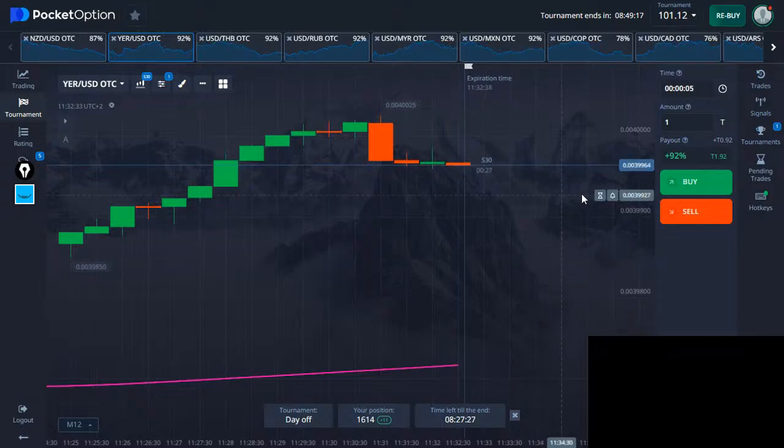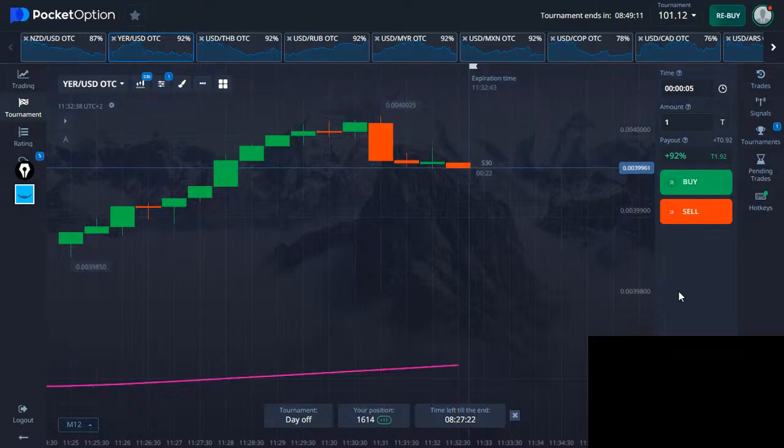Okay, we have red, green, red, red. We don't do anything. When you see this 30-second candle jumping between red and green, avoid trading. It's to your benefit to avoid trading something that is indecisive.